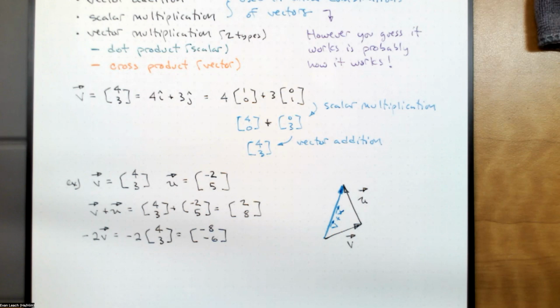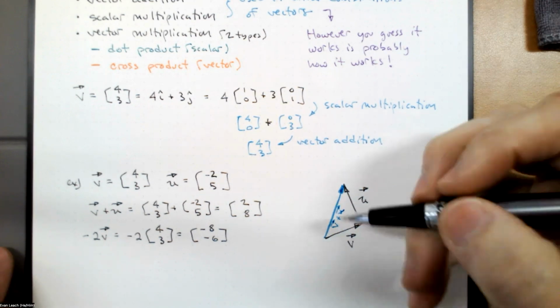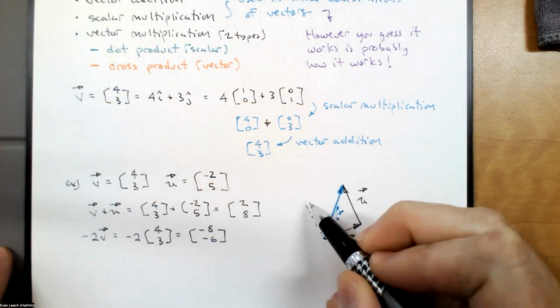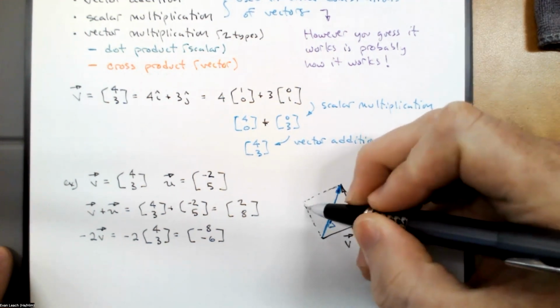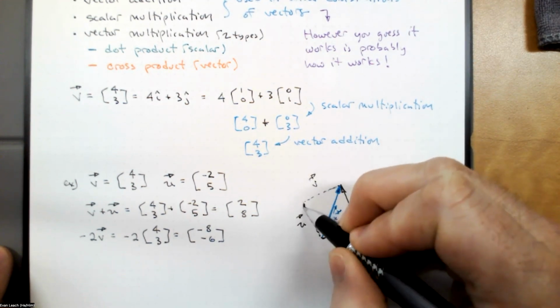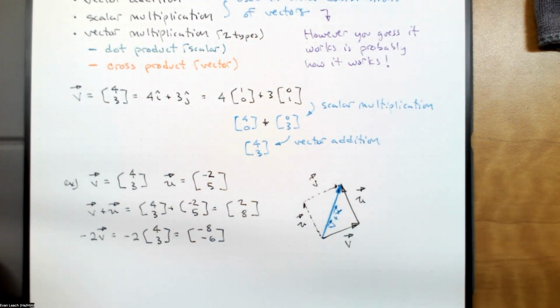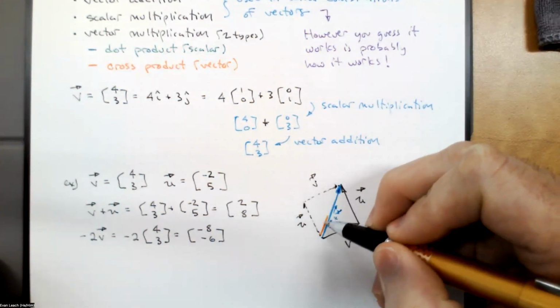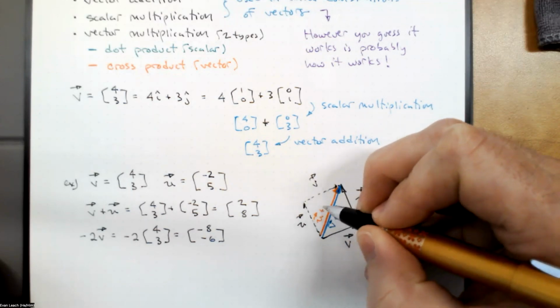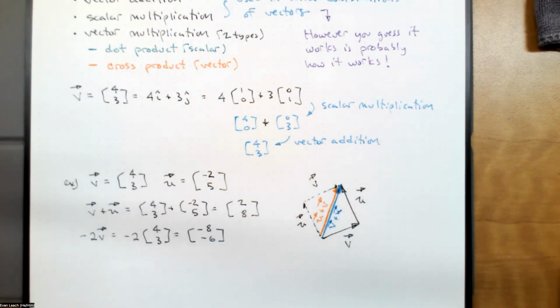If I wrote these in the other order, if I drew u first and then v, we would end up at the same spot. So if I did the vector u first, and then the vector v, we would end up with the same resultant vector. Vector addition is commutative.